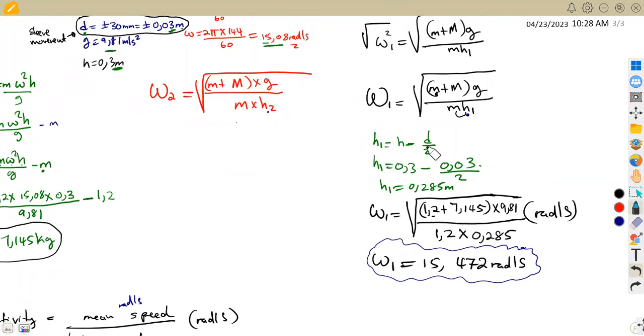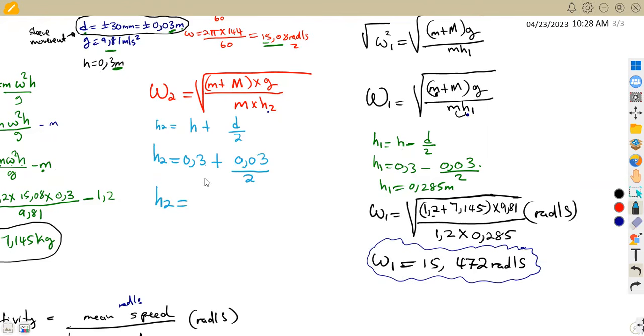We had to subtract the sleeve movement over 2 from H. So this time, to calculate H2, you are going to use H plus the sleeve movement over 2. That is H2, which is H, 0,3, the equilibrium height, plus the sleeve movement, which is 0,03 in meters, divided by 2.